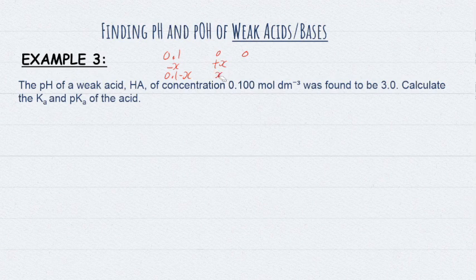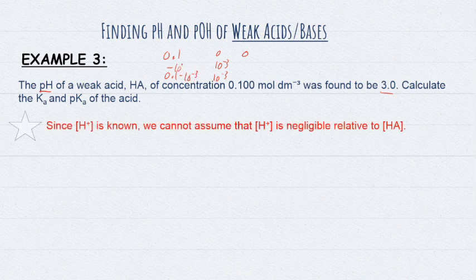Now we are given the concentration of the H+. How? We are given pH to be 3. So if pH is 3, we know that X has a value of 10 power minus 3. And because we now know the value of X, we can no longer make that assumption. Since H+ is known, we cannot assume that the concentration of H+ is negligible relative to HA anymore.